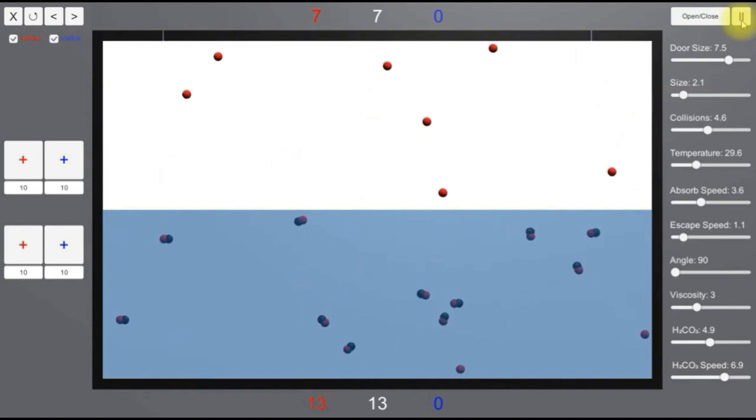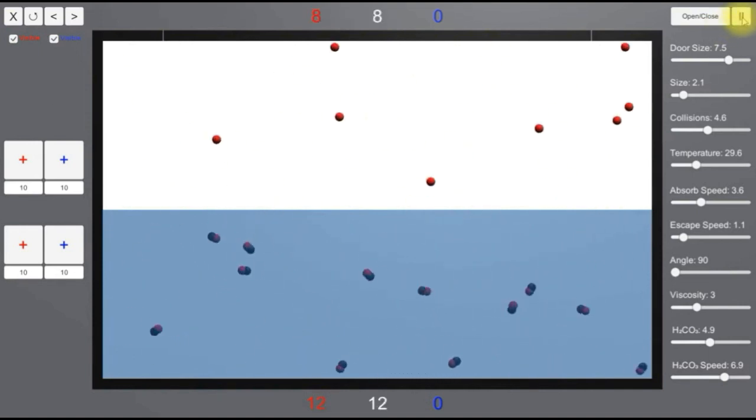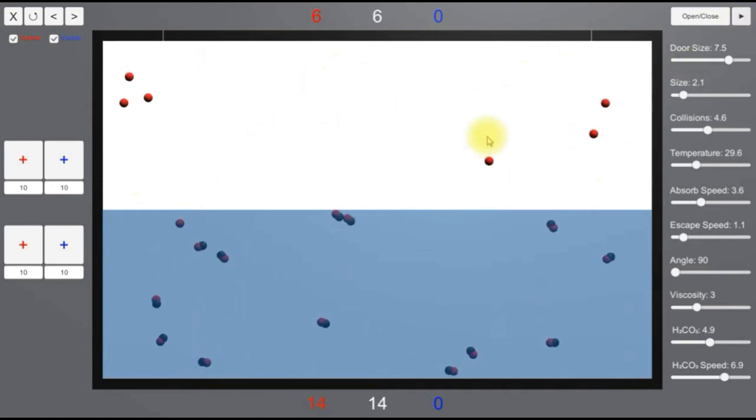It gives CO2 a completely separate mechanism for becoming absorbed by the liquid. So you can see that there are some molecules running around as just individual CO2 molecules, but there's also these compounds of CO2 stuck to a water, or H2CO3.